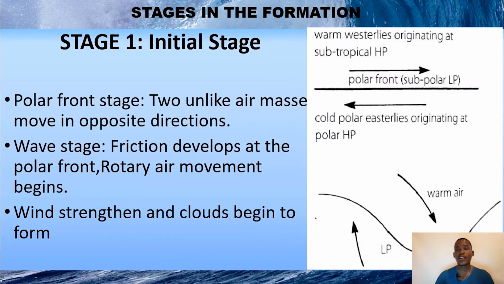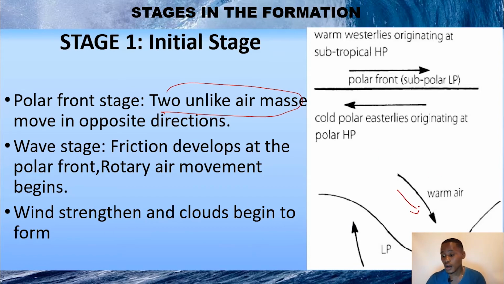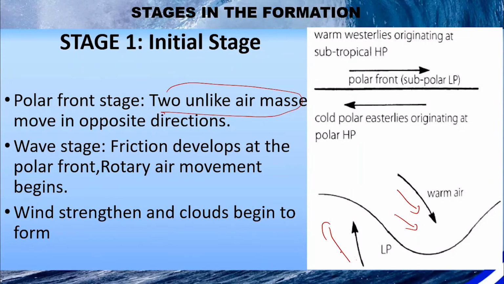Right, now we're looking at the stages. We're going to look at stage 1, stage 2, stage 3 up to stage 4, and we're going to explain each stage, what happens here, up to stage 4. Now in stage 1 at the polar front, the two unlike air masses are moving in opposite directions. Remember, we've got westerlies moving southward and we've got easterlies moving northward at the polar front.